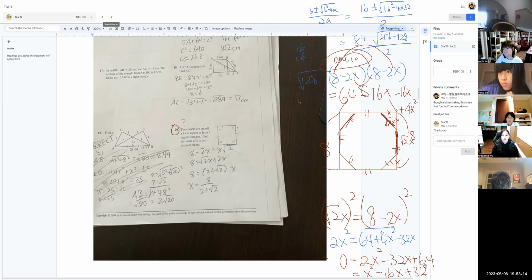Nobody knows? So it equals 4 times 4 times 8, which is 4 times 4 times 2 times 2 times 2. So the answer is 8 square root 2. So 8 plus 8 square root 2 over 2 equals 4 plus 4 square root 2. So that is the answer.